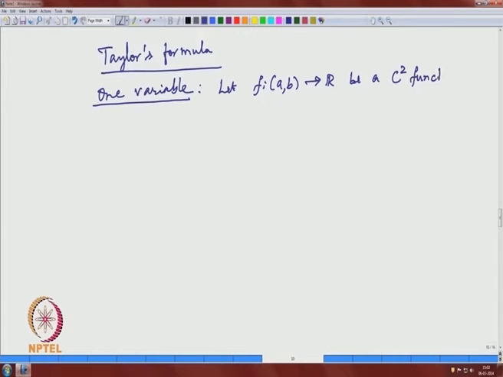So, I am assuming now f is twice differentiable and that the second derivative is also a continuous function, okay, and you fix some x 0 in a b.